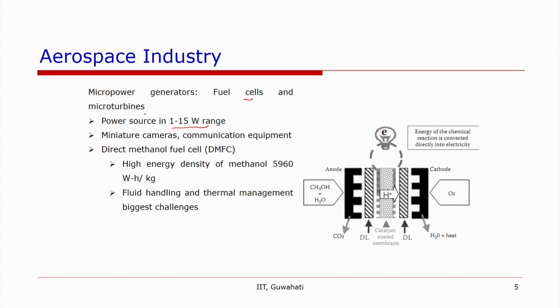Among the different fuel cells, direct methanol fuel cell is the preferred method. Here is a schematic of the direct methanol fuel cell, and this image is again taken from the handbook of micro and nanofluidics.